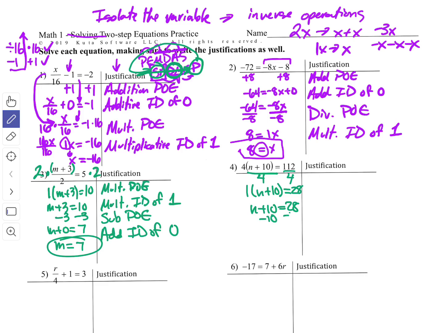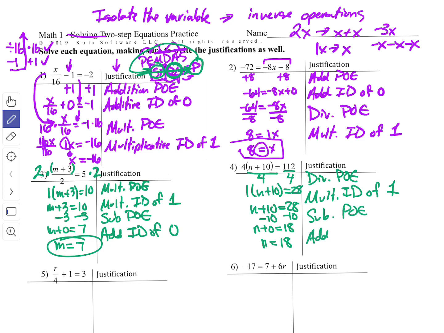Then I subtract 10, giving me n plus 0 equals 18, which I drop off the 0 and get n equals 18. So we use the division property of equality. We also use the multiplicative identity of 1, then the subtraction property of equality, and finally that additive identity of 0. Okay? So, there we go with that one, guys.